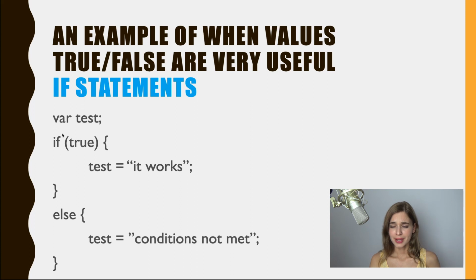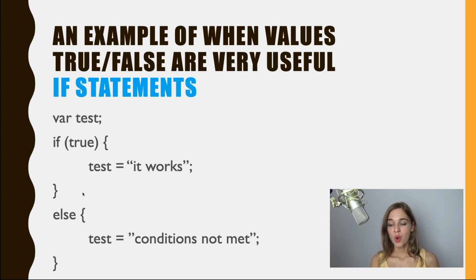Then we've got the keyword if, and inside the parentheses is our condition. If it's true, then the block of code included in curly braces would be executed. So our variable test would take the value of a string, it works. And we're closing the curly braces.